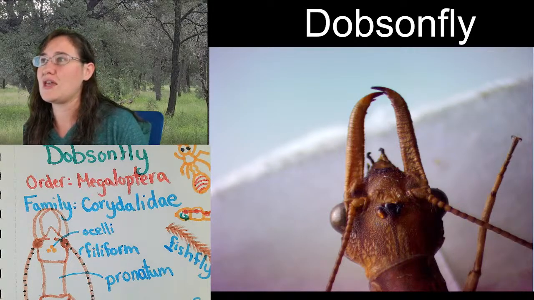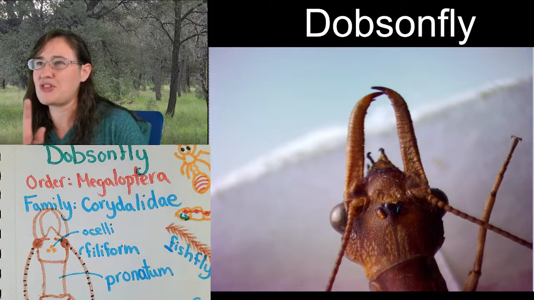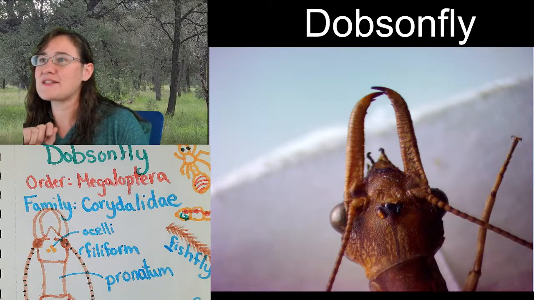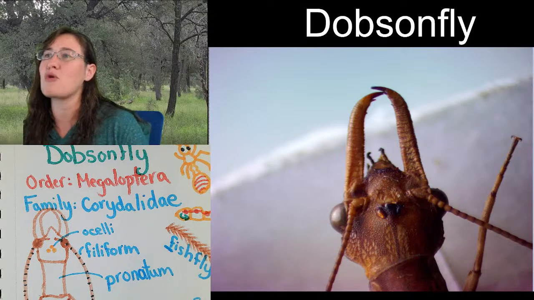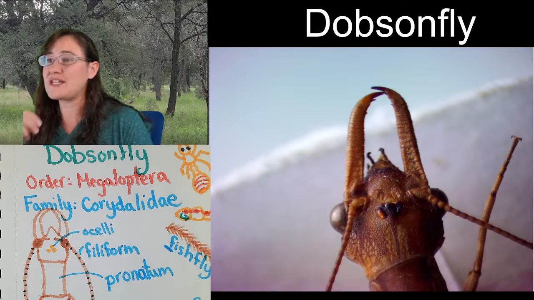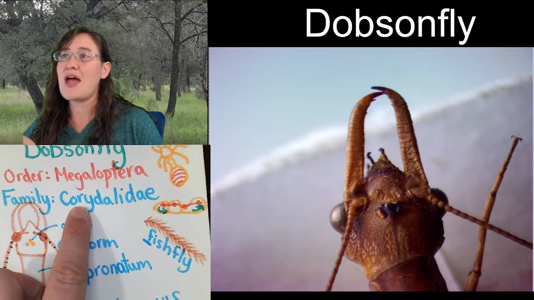I believe they're both Corydalids, but let me look that up really quick. Yeah, Dobsonflies and fish flies are not only in the same order, Megaloptera, they're in the same family, Corydalidae.